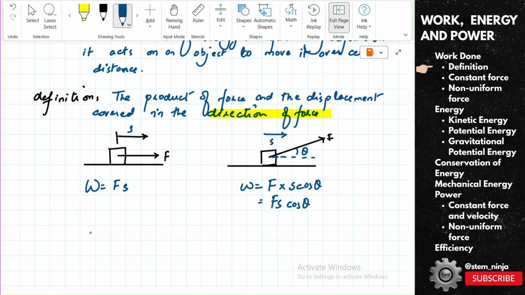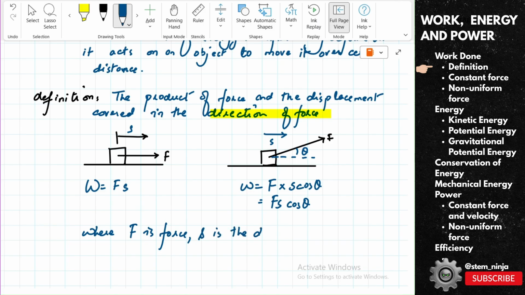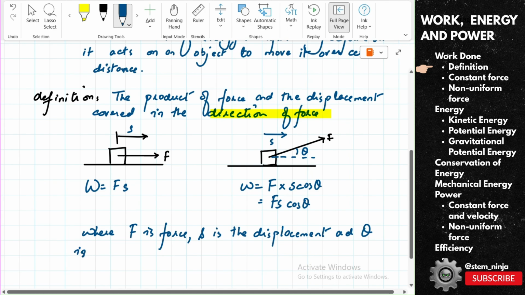Now we know what force and displacement are. F is force, S is the displacement, and theta is the angle between the force and the displacement.